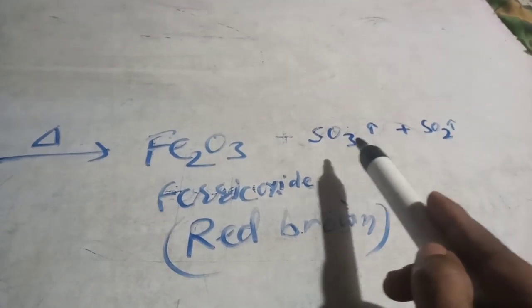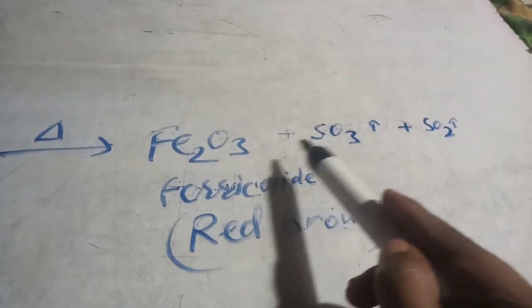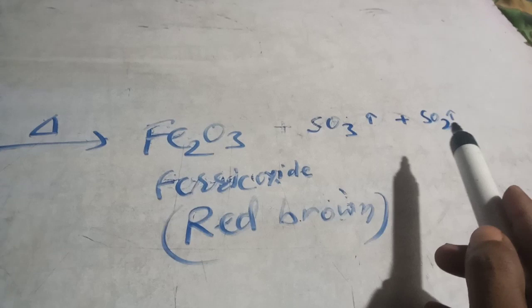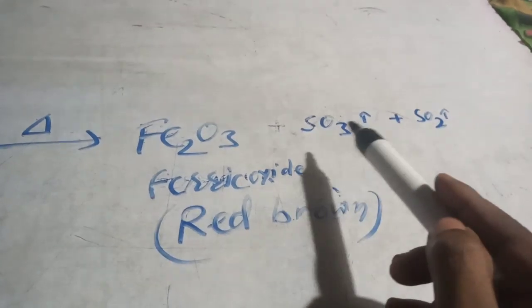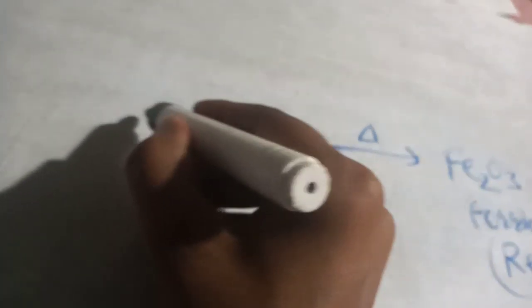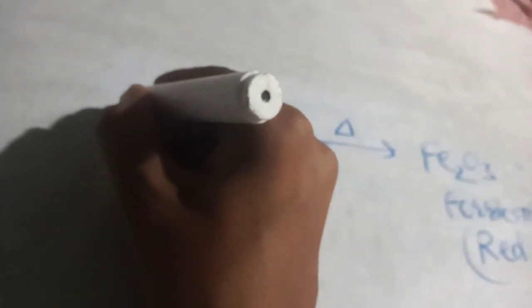So the total number of oxygen on the product side is 3, 3, 9 plus 2, 3, 3, 6 plus 2, 8. So on the reactant side we need to make it also 8. Now you can see here it is 4, 4 2 is 8.